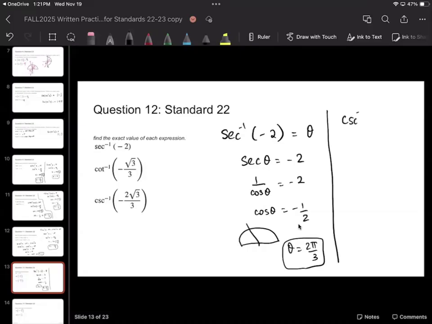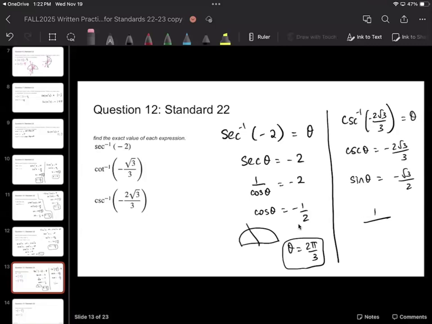Cosecant inverse of negative 2 root 3 over 3. Let that be equal to some angle theta, which means cosecant theta is negative 2 root 3 over 3, which means sine theta will be the reciprocal of that, which is negative root 3 over 2, because negative 1 over negative 2 root 3 over 3 will be negative 3 over 2 root 3, which is negative root 3 over 2.